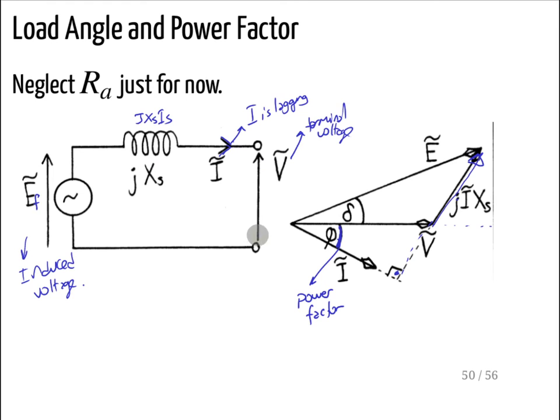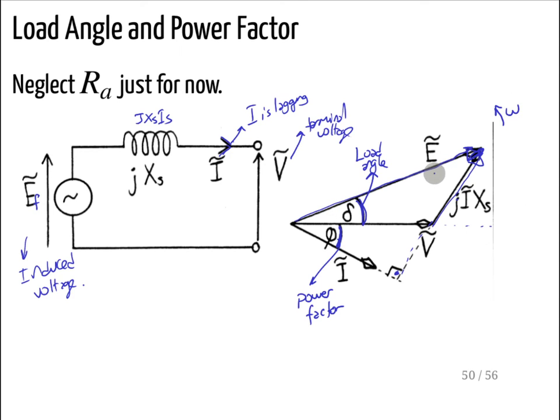Then you add that voltage plus the voltage drop on the inductor, and you come to that point, and that is where you have the E. The angle between voltage and current is the power factor angle, and this is the load angle. The usual convention is that the rotation is like that.